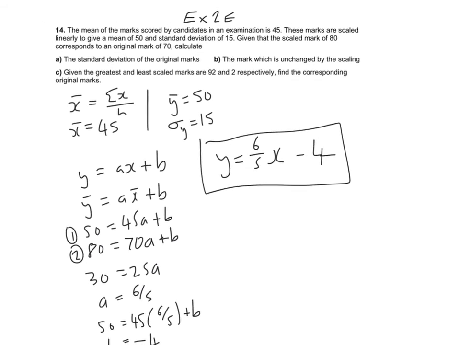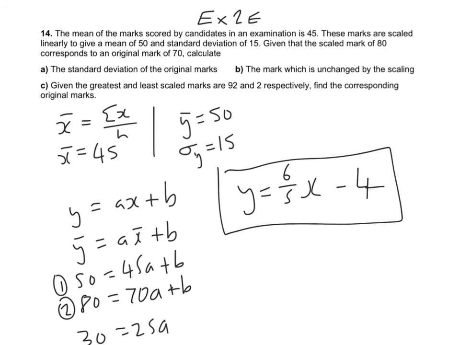So what's the question asking? We need to work out the standard deviation. Well, the standard deviation of y is equal to a times the standard deviation of x. Sorry, these marks are scaled linearly to give a mean of 50 and a standard deviation of 15.